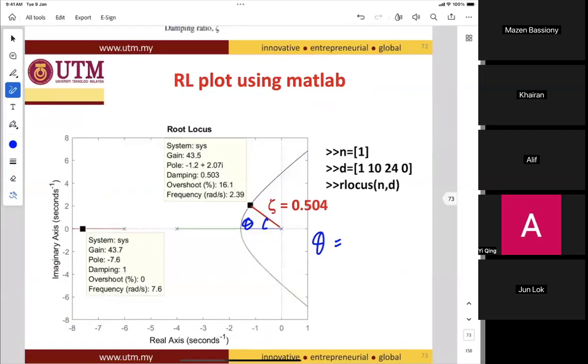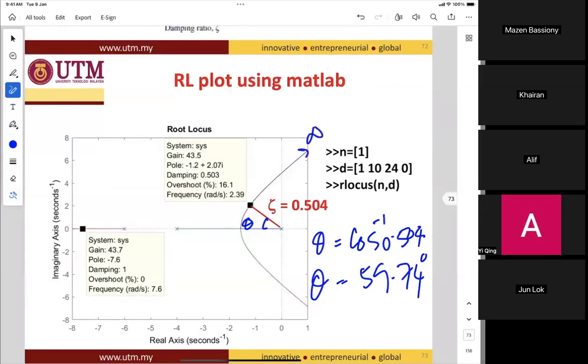What is the value of theta? 59.74 degrees. Okay, so it is located here, the line, and then it intersects with the root locus at the dominant pole.